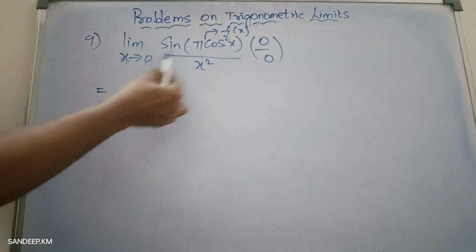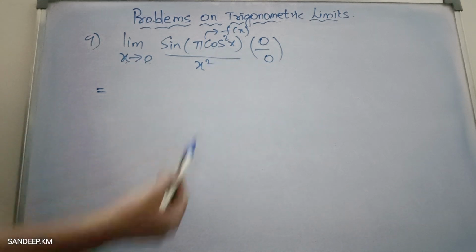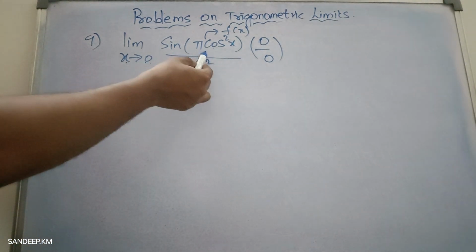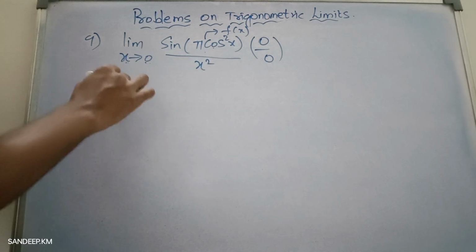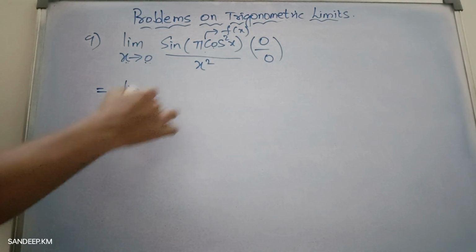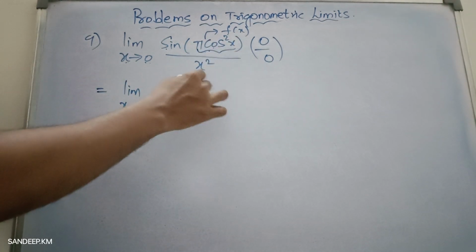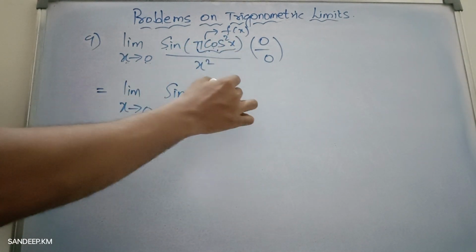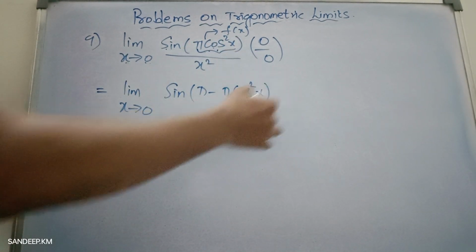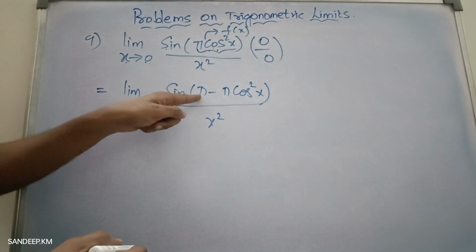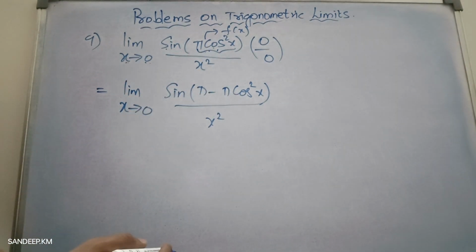When x approaches 0, if f of x also approaches 0, correct or not? Is it approaching 0? Wait a second. It is not approaching 0. Then what will I do? Look what I'm going to do. So I'll convert this: sine theta is sine of 180 minus theta. Correct or not, dear students? Sine theta is sine of pi minus theta.